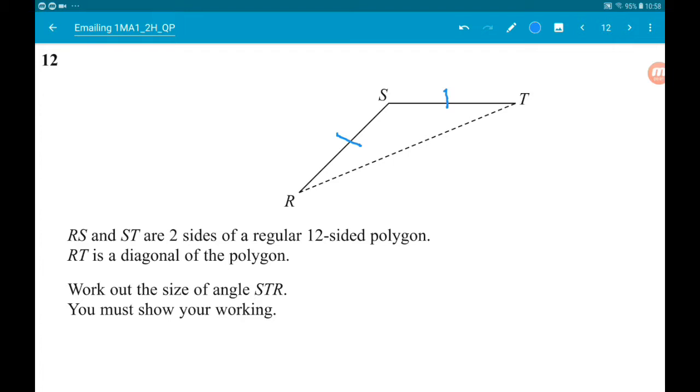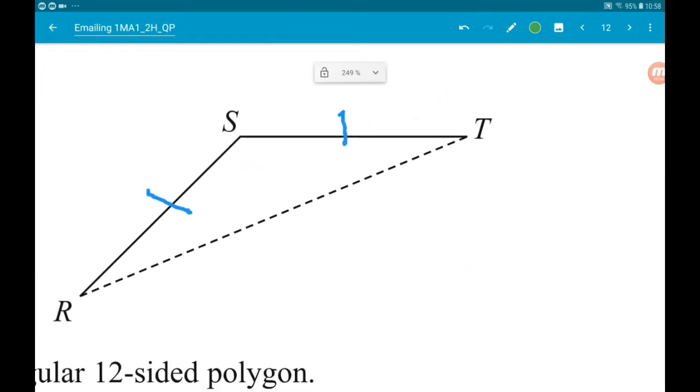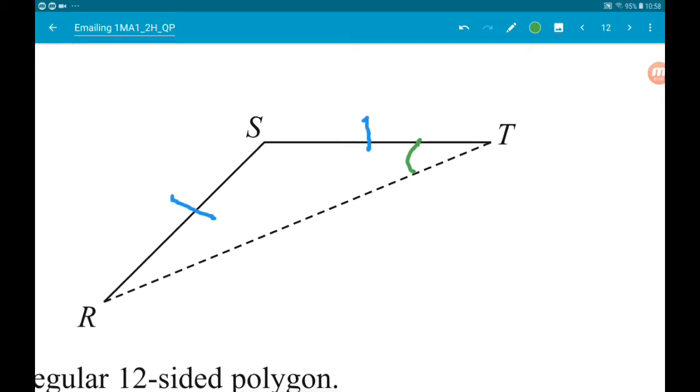Our job is to work out the size of angle STR. So, angle STR is this chap here. Now, because those two sides are the same, this is an isosceles triangle, so this angle down here is going to be the same too.